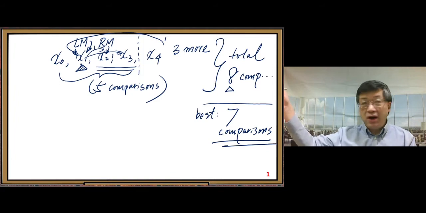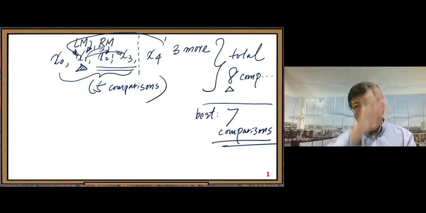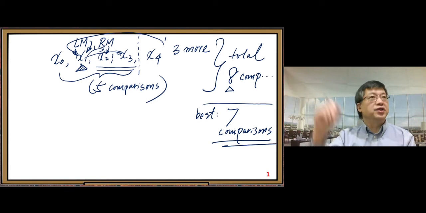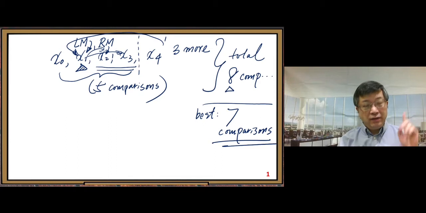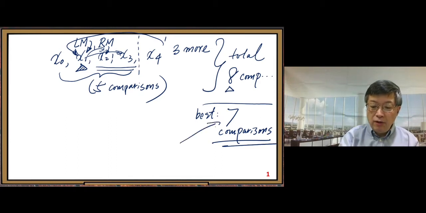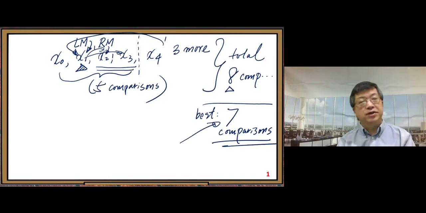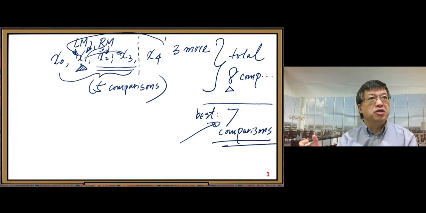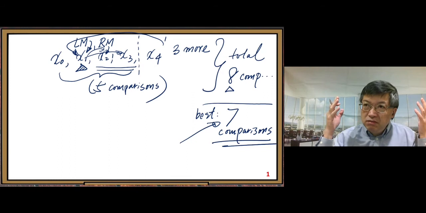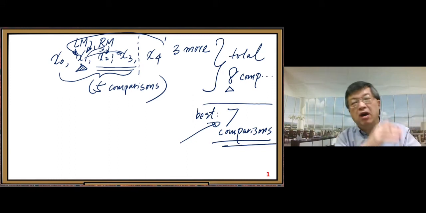You can try. Here I tell you the goal: get 7 comparisons. But if you try, it is very easy to spend several hours and still not make it in 7 comparisons.